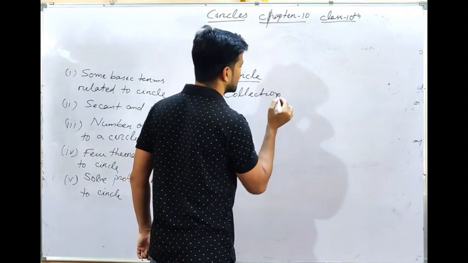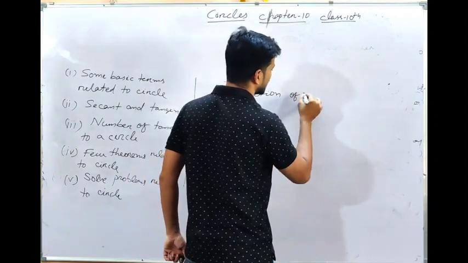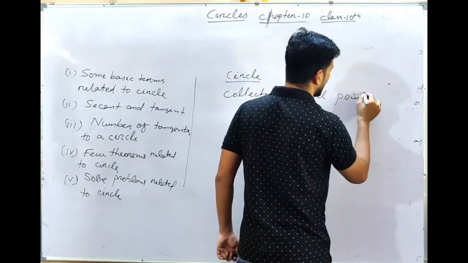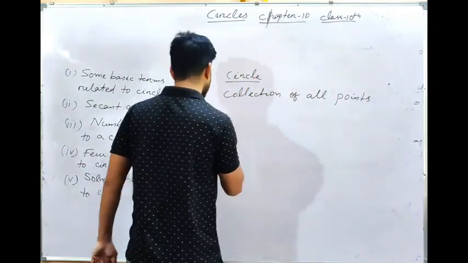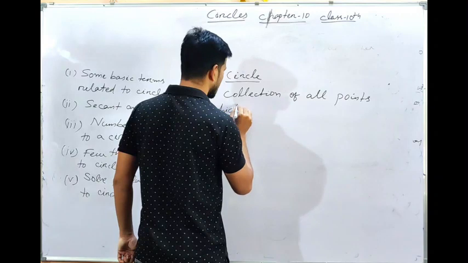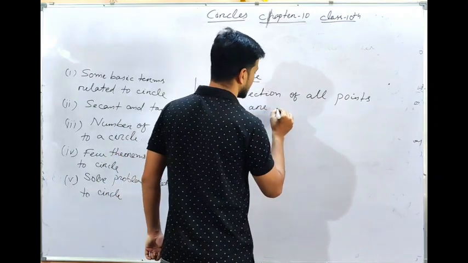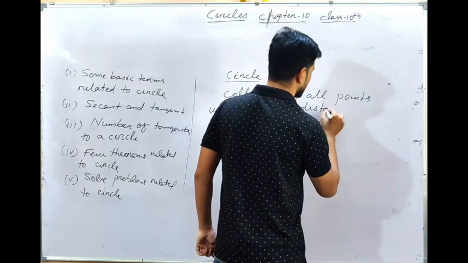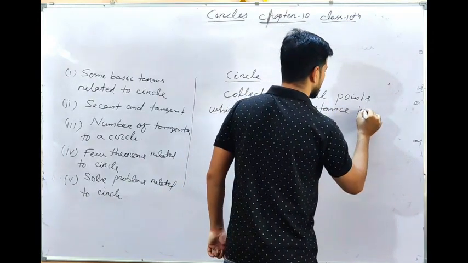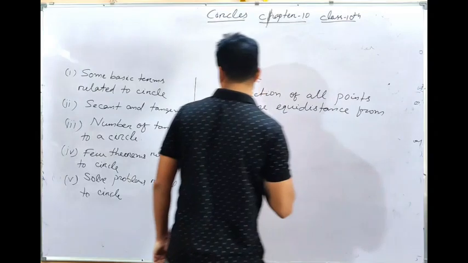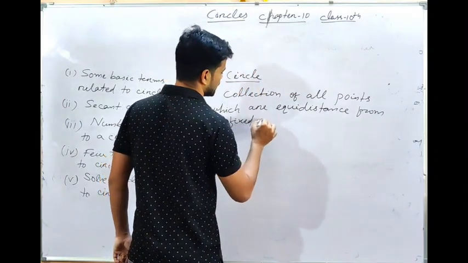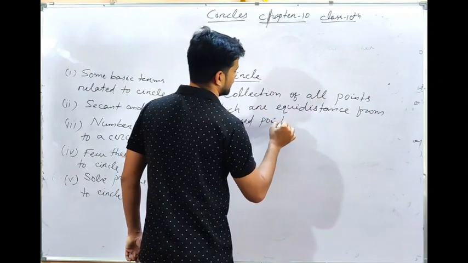a circle means a collection of all points which are equidistant from a fixed point.